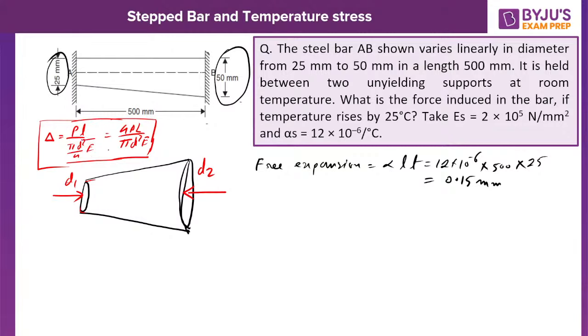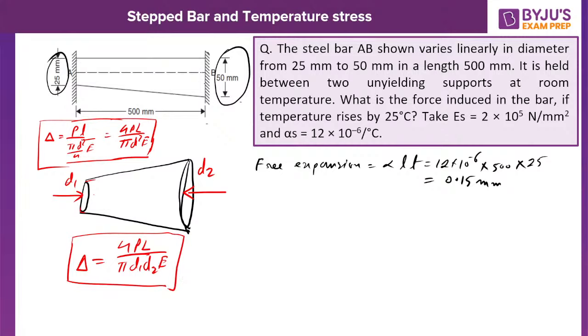If it is constant, A is pi D square by 4, giving 4PL by pi D square E. Now remember, whenever the cross-sectional area is varying, for the tapered section of the bar, the deformation is 4PL by pi D1 D2 E. Earlier it was the same cross-sectional area; here the deformation formula needs to be applied carefully.